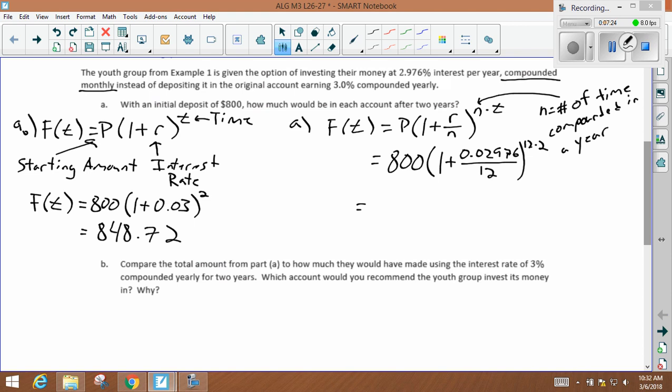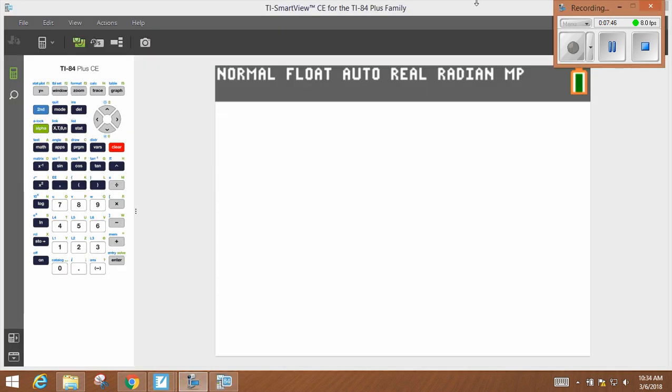If I put that into my handy-dandy calculator, and at this point, guys, you don't have to show all the in-between steps. You got to show that you plugged all the numbers right in there, and then you got to put it in your calculator. 800. And actually, let me go ahead and get out my calculator so that you can see the way that I enter this. Okay, so here we go.